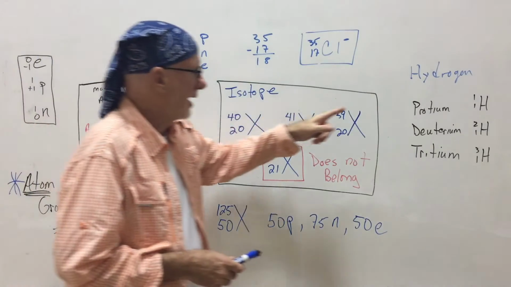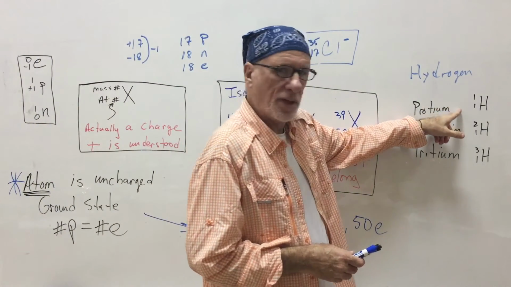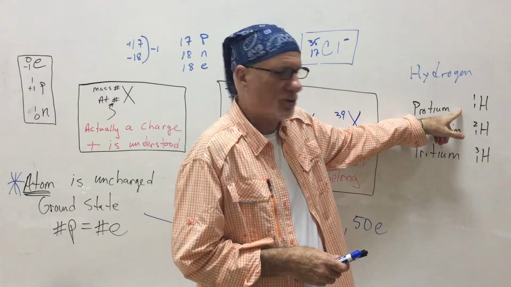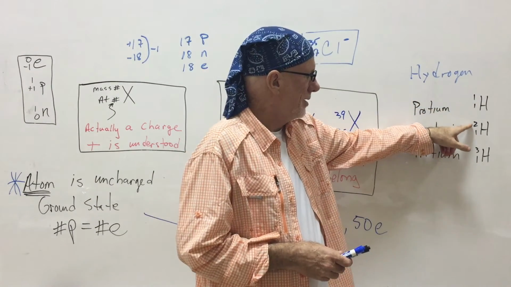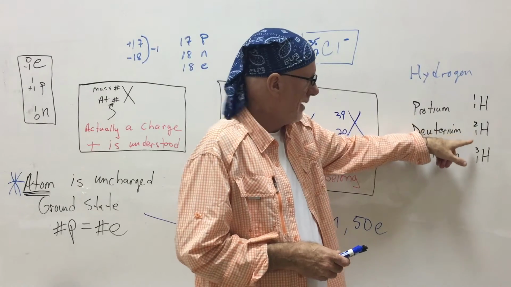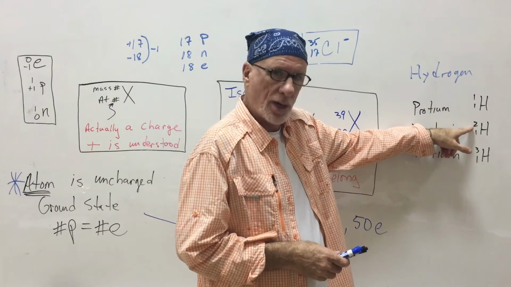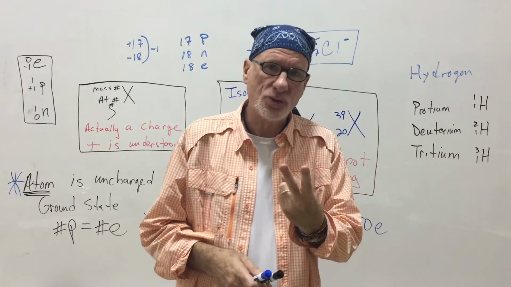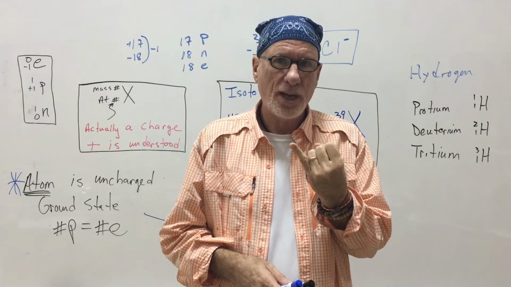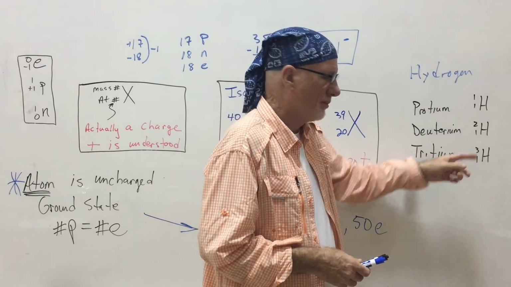Protons. However, protium has one proton and no neutrons, so it would have a mass number of 1. Deuterium, 2, and that would have 1 neutron. And tritium would have 2 neutrons and 1 proton, mass number of 3.